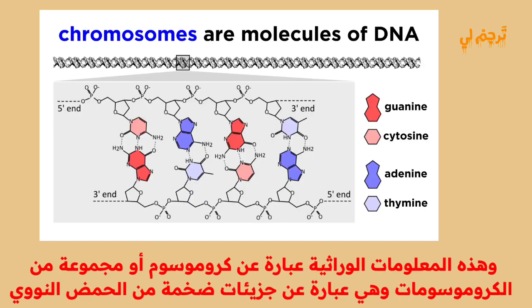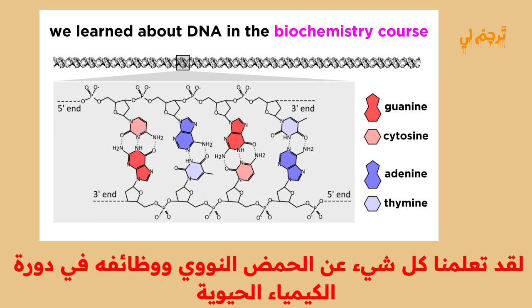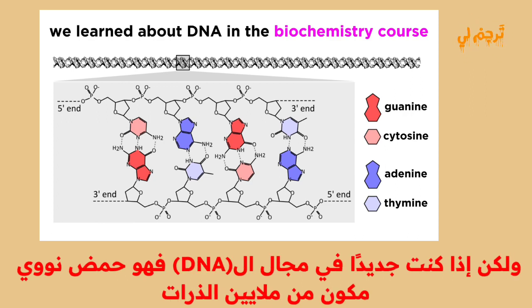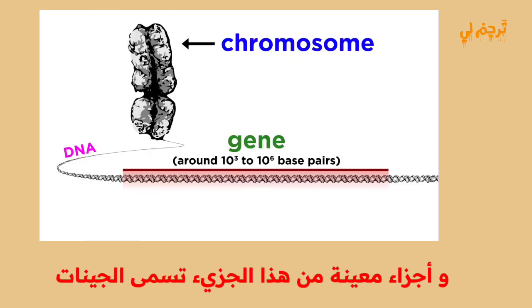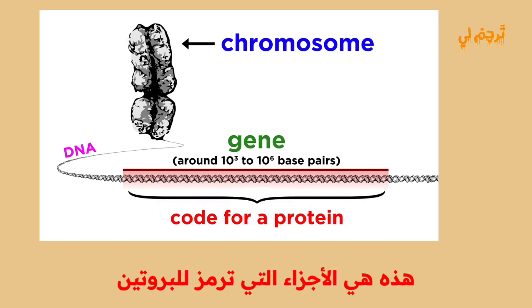This genetic information is a chromosome, or set of chromosomes, which are huge DNA molecules. We learned all about DNA and its functions in the biochemistry course. But if you're new to DNA, it's a nucleic acid made of millions of atoms, and certain portions of this molecule are called genes. These are the parts that code for proteins.